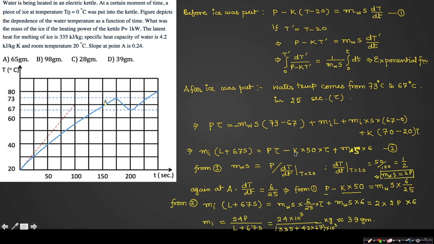Right? Now I will again rewrite the equation, which says mi into L plus 67s equal to mw, mass of water, into specific heat, multiplied by, I am now taking this together, and this entire value is mws 6 by 25 into tau, and there will be another plus mws into 6.